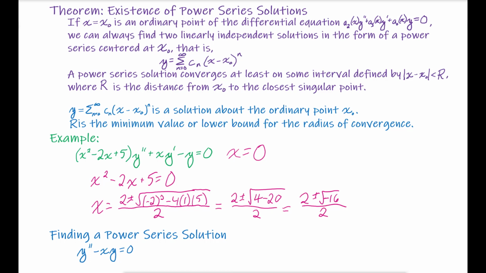It's completely okay to have singular points that are imaginary numbers. So I can actually take the square root of negative 16 and get 4i from that. And dividing by 2, I get 1 plus or minus 2i. So those are my singular values, my singular points.